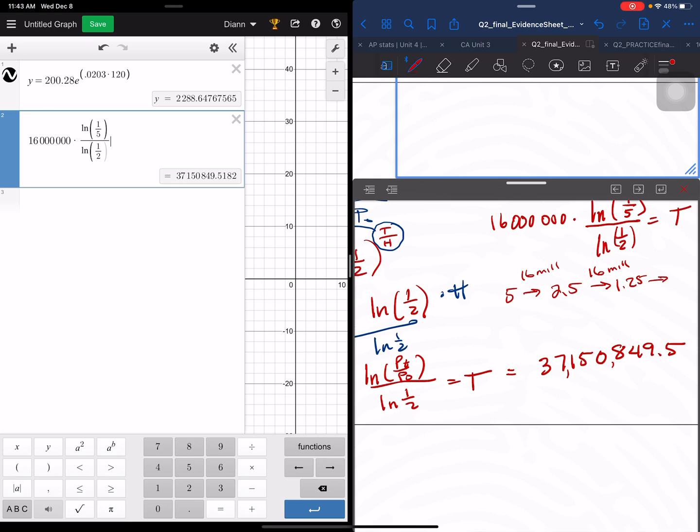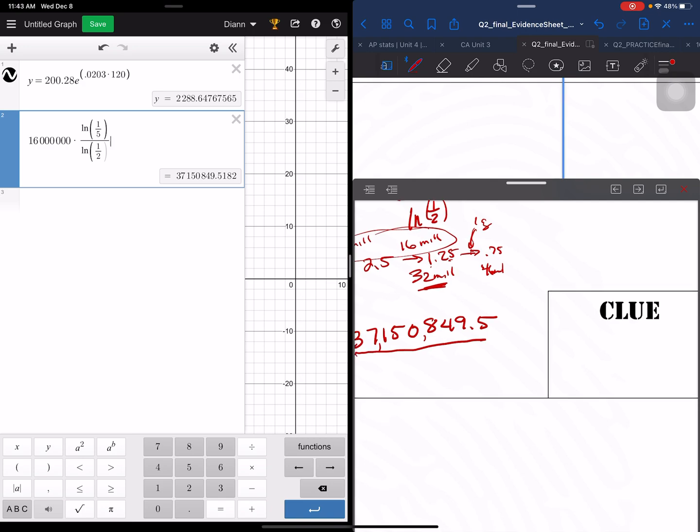Then we're somewhere in between there because we want it to stop right at 1 gram. So it makes sense that it's going to be between 32 million and 48 million and closer to the 32, because 1.25 to 1 is a smaller drop. The decay is not linear. So this answer, even though it's really big, makes sense to me.